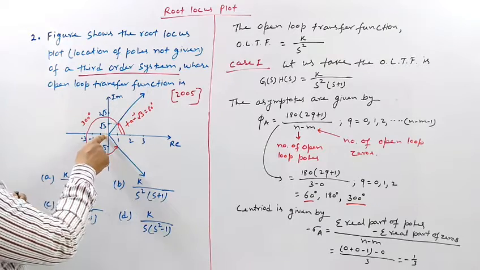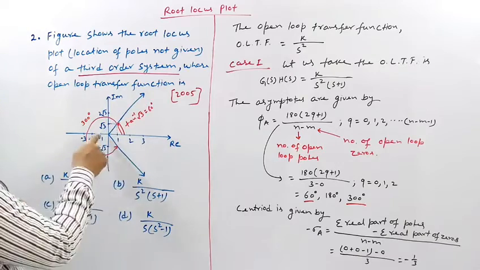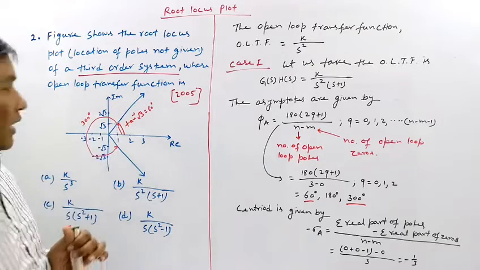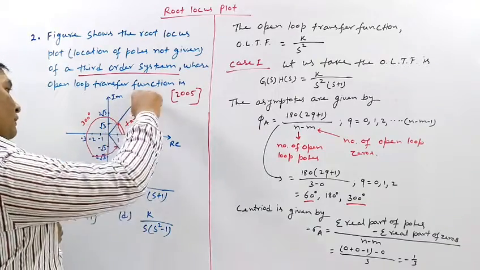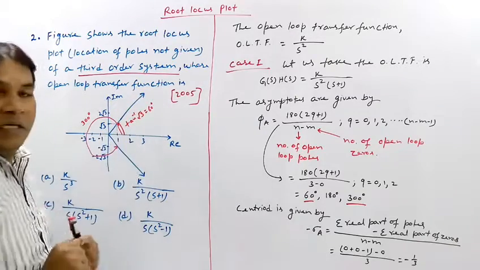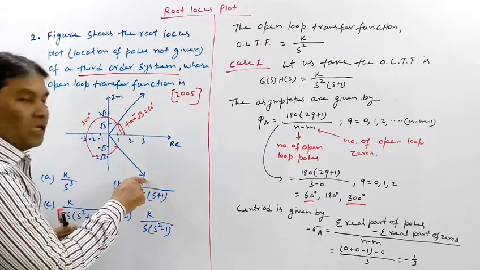So the asymptote must be along this line, but again one thing is clear, that this pole is starting from here at s equal to 0, and again this pole is starting from here.